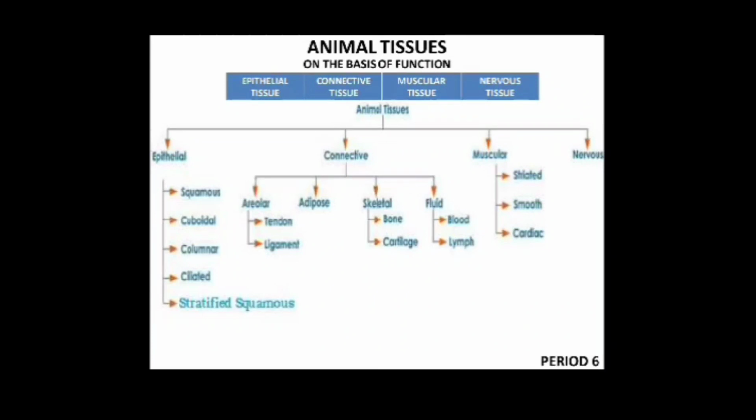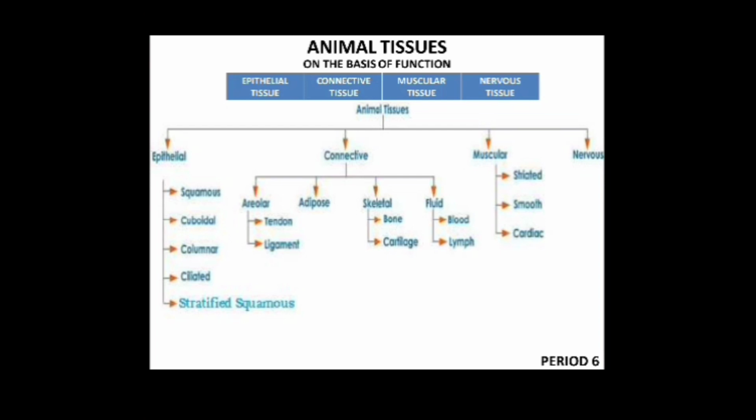Furthermore, the connective tissue is divided into four types: areolar, adipose, skeletal, and fluid. And it is also further divided, like areolar is divided into two: ligaments and tendon. Skeletal is divided again into two: bone and cartilage. And fluid again is divided into two: blood and lymph.